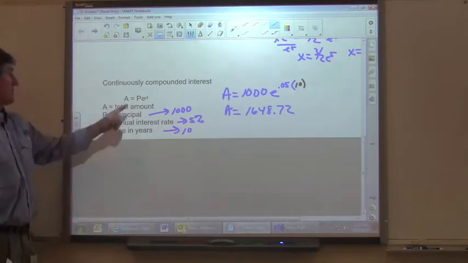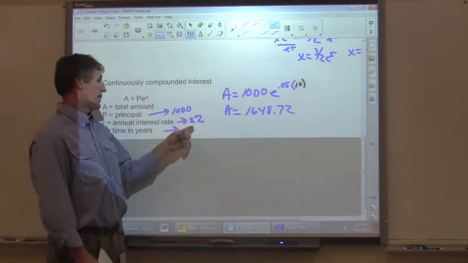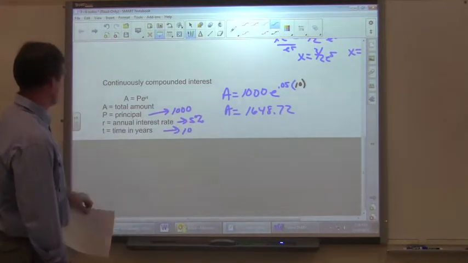So again, it's not hard. We have the formula. Take the information they give you, label it, and put it into the problem.